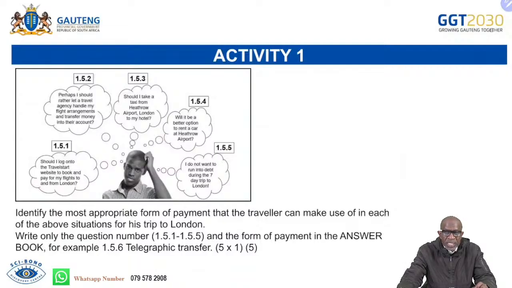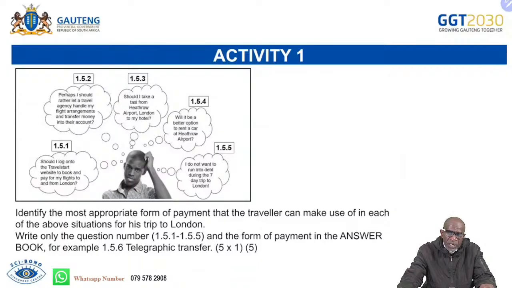So you can use a method of payment to book a flight. 1.5.2 says, perhaps I should rather let a travel agency handle my flight arrangement and transfer money into their account.